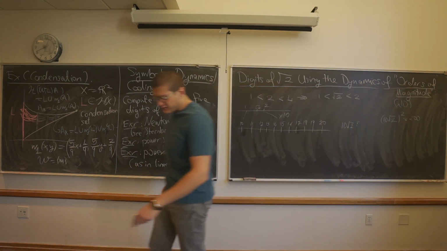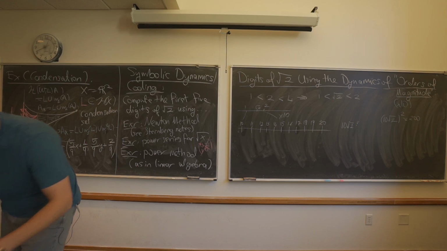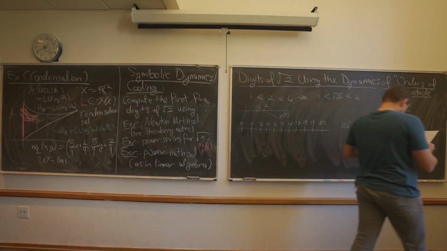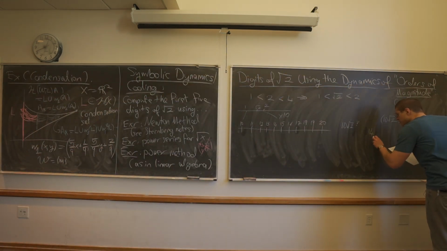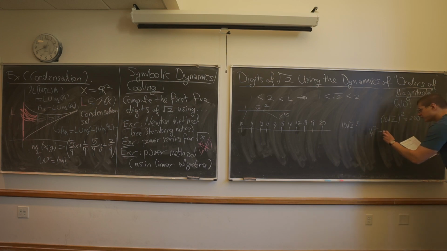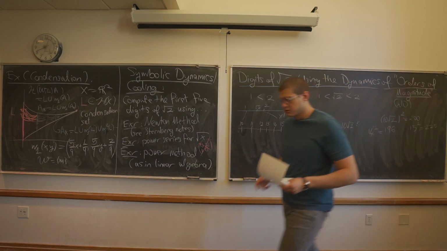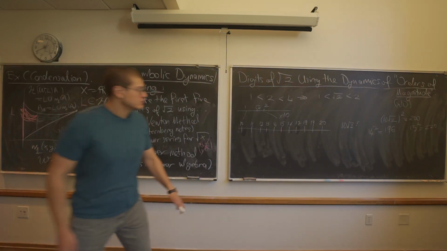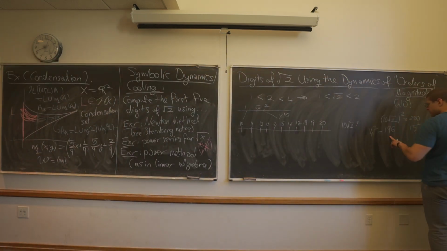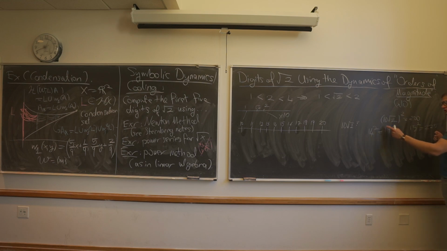I did this calculation, and it turns out that 14 squared is 196 and 15 squared is 225. That means that this number is between these two. In other words, 10 root 2 is between 14 and 15.